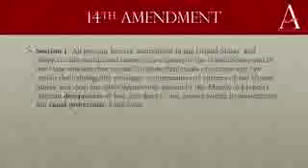All persons born or naturalized in the United States and subject to the jurisdiction or laws thereof are citizens of the United States and of the state wherein they reside or live. No state shall make or enforce any law which shall abridge the privileges or immunities of citizens of the United States. Now, that's all very important.